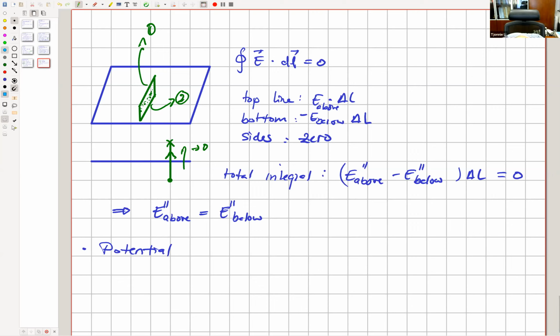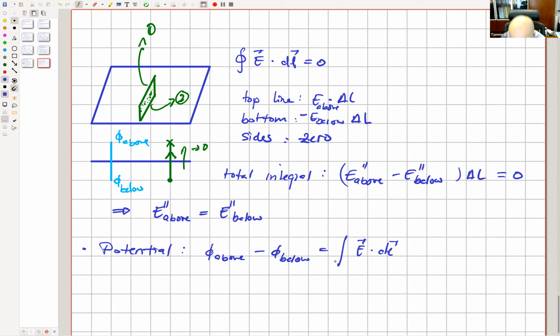So for example, I could just integrate from here to here. This is some phi above, this is some phi below. With a potential, I know that phi above minus phi below is just the integral of E dot dl.